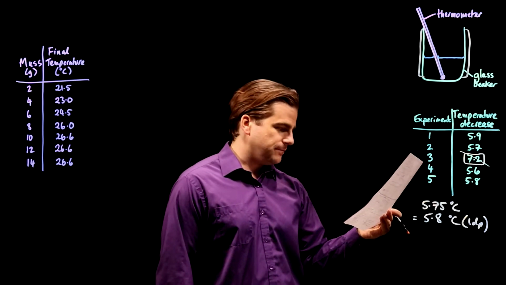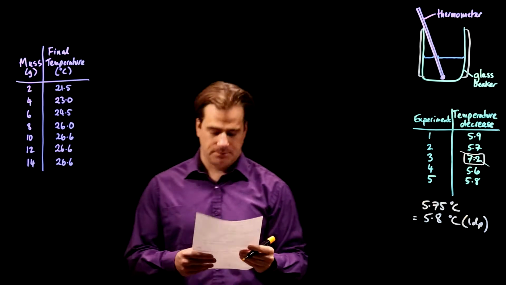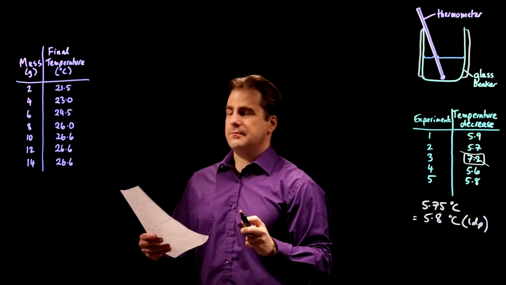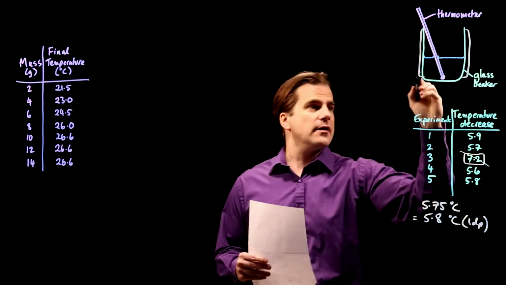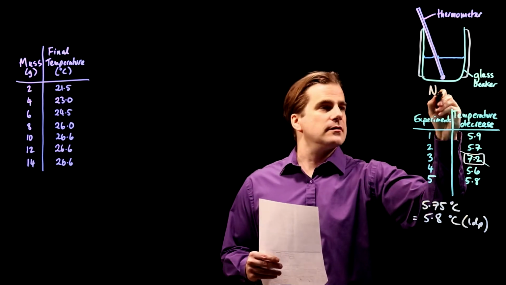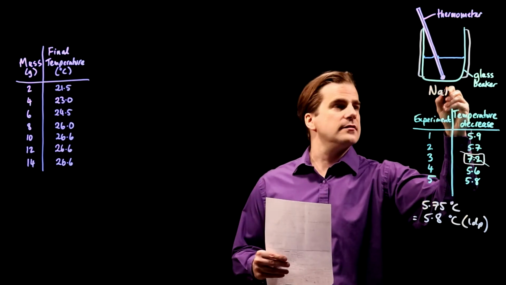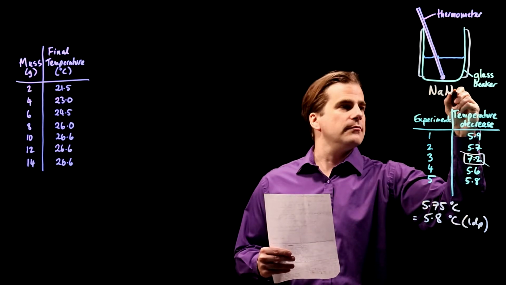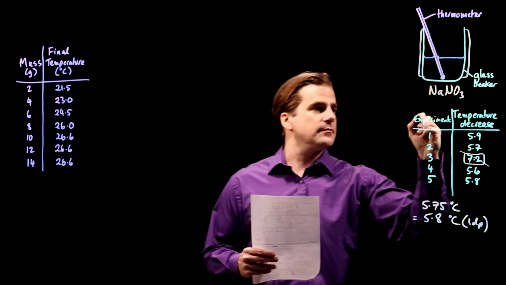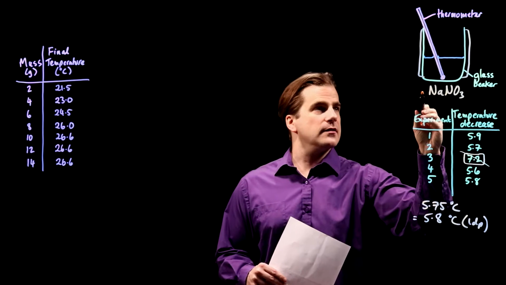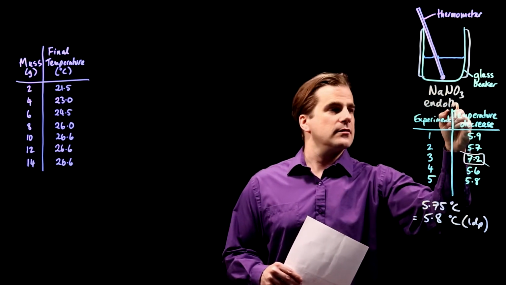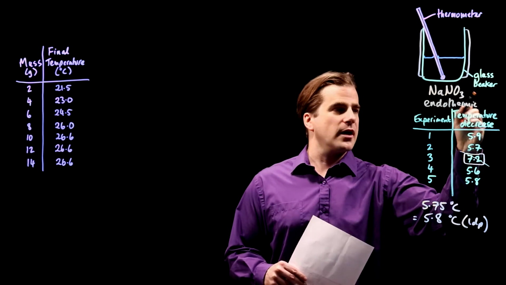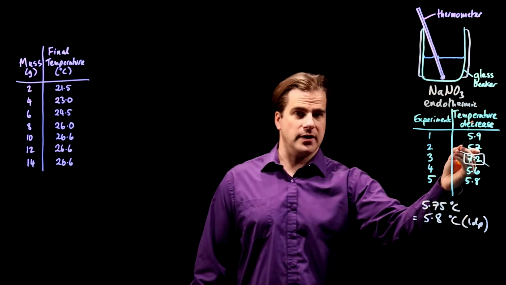Right, next question. This time they're doing a similar experiment, but instead of sodium nitrate, NaNO3, and like I said, that turns out to be an endothermic reaction, this is a temperature decrease.